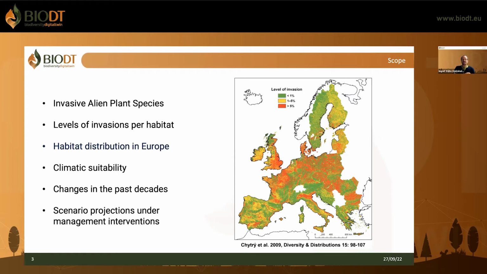However, we can do that in a dynamic way, whereas the current map was just a static view of knowing habitat association and habitat availability, rather than really knowing where the species occur.